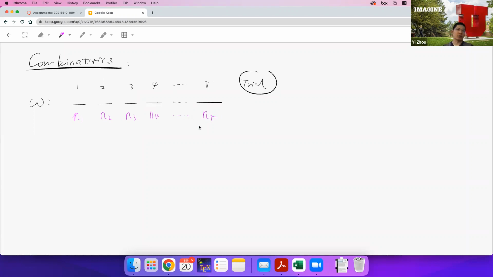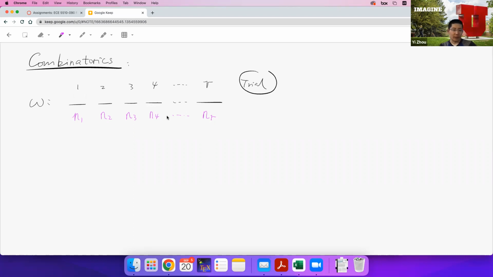So in every single trial, you may observe a different number of outcomes. So the question is, for this entire experiment, how many different outcomes do we have, considering all these different trials? Every trial i has Ni different outcomes.